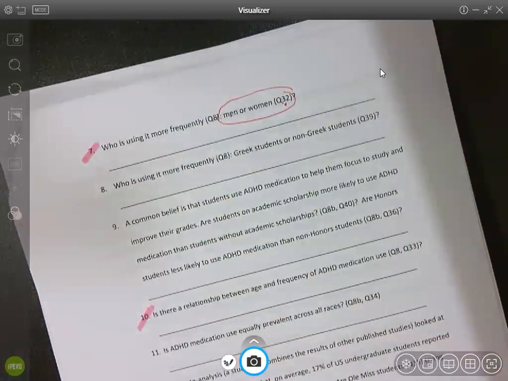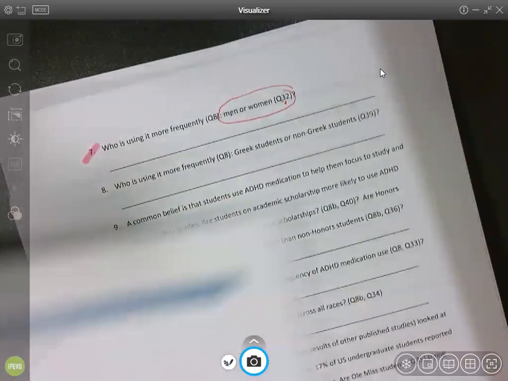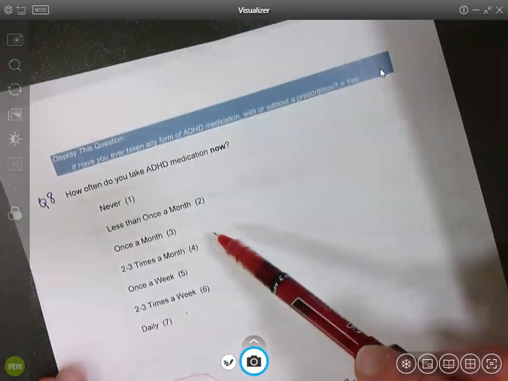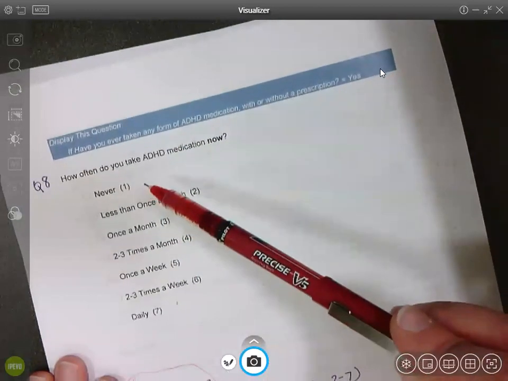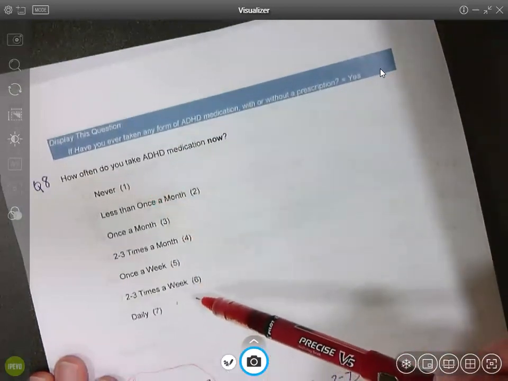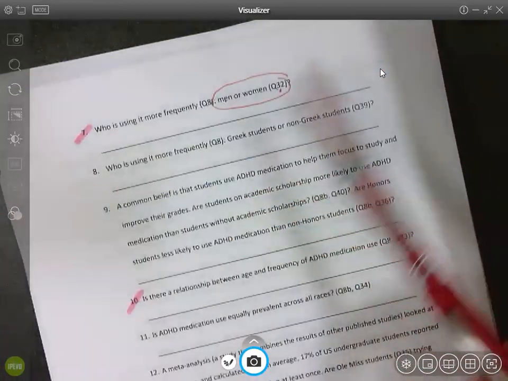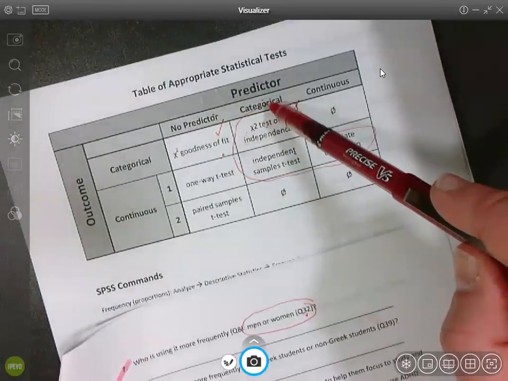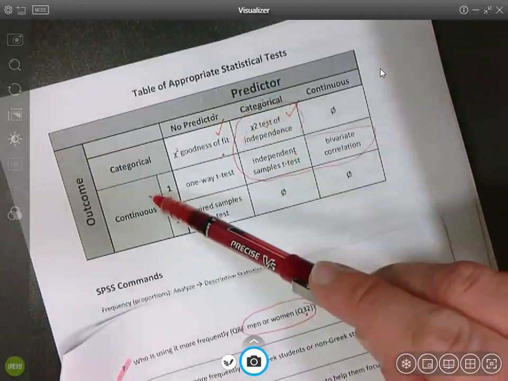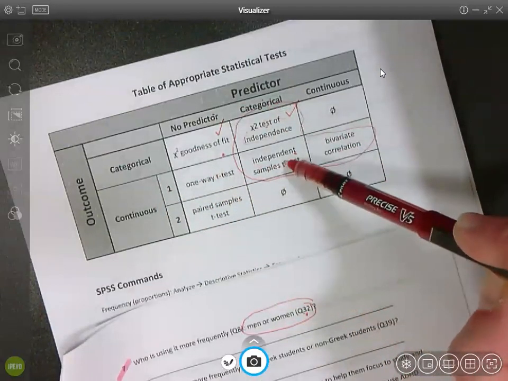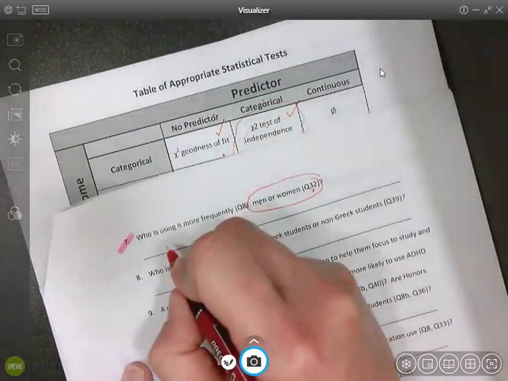We just saw that, but let's turn back to question 8. How often do you take ADHD medication now, on this 1 to 7 interval response scale? This is a continuous measure. So we have a categorical predictor and a continuous outcome. That means we need an independent samples t-test.